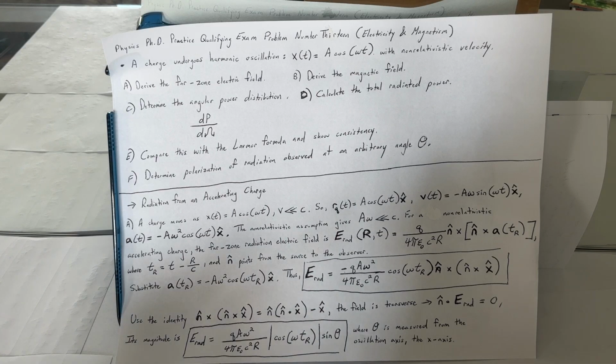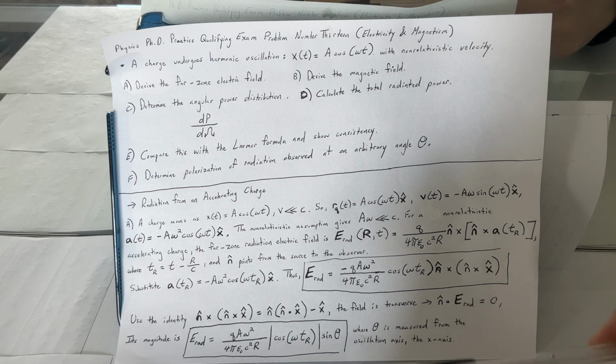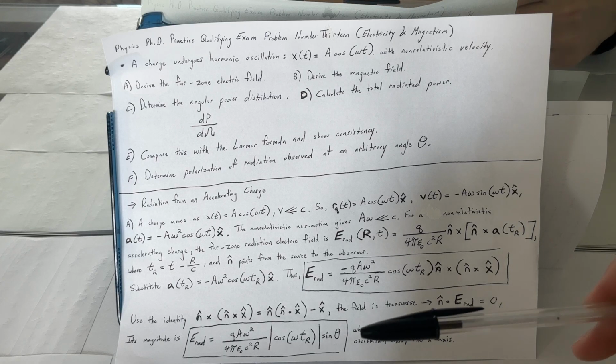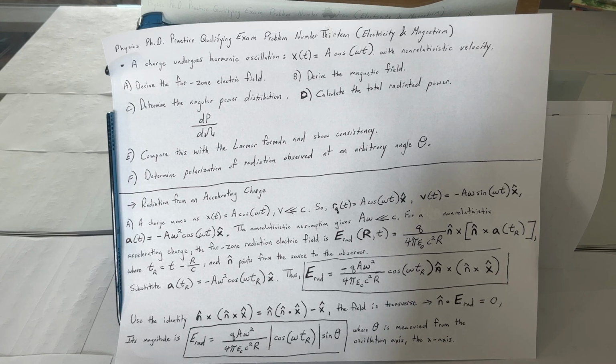So we could say its magnitude, E sub RAD equals Q a omega squared over 4 pi epsilon naught c squared r, times the absolute value of cosine of omega t sub R, times sine theta. And this is where theta is measured from the oscillation axis, the x-axis. Okay, so that's letter A.